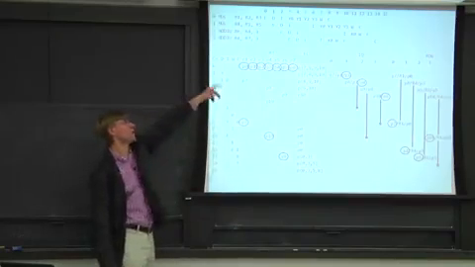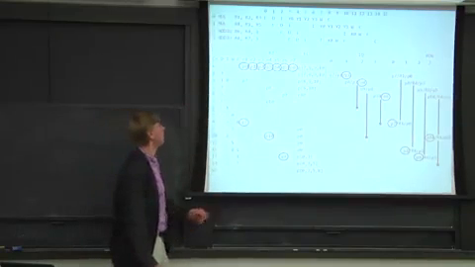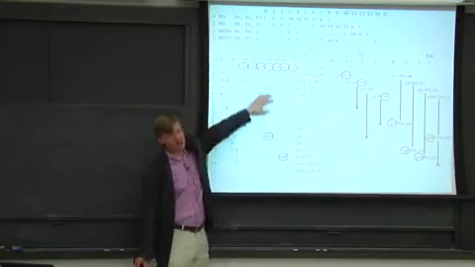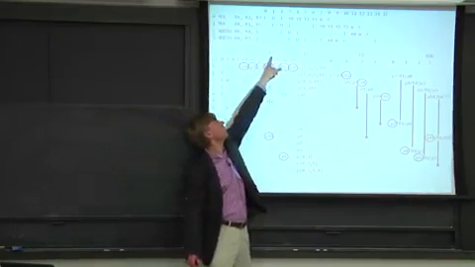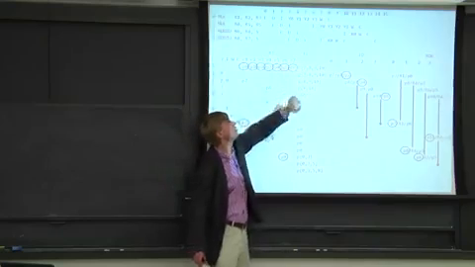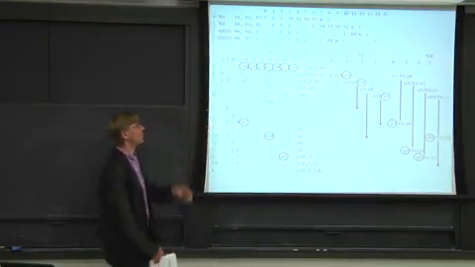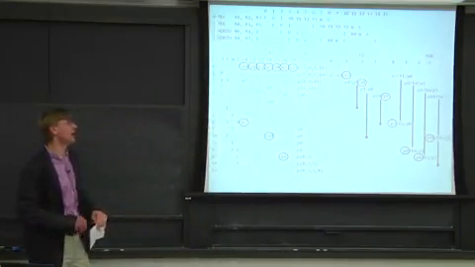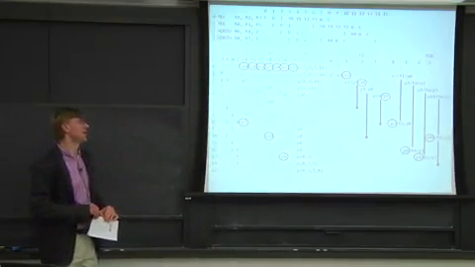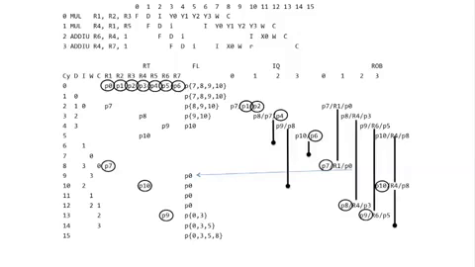Let's first look at the rename table. For clearness here, let's say we only have 7 architectural registers, but we're going to have, let's say, 11 physical registers. So we're going to have more physical registers than architectural registers in this example.